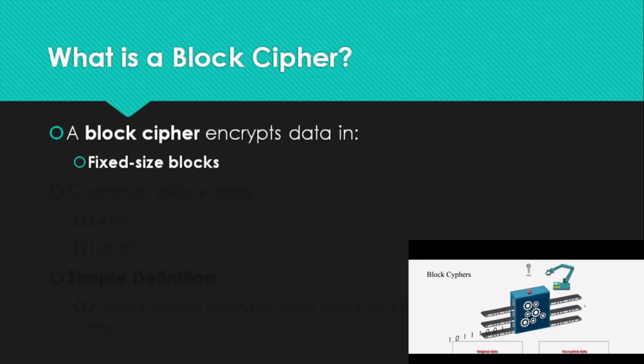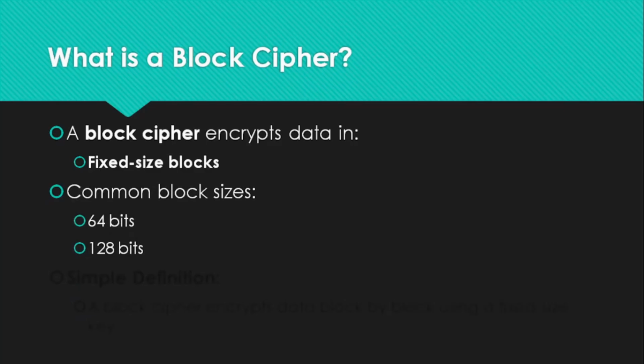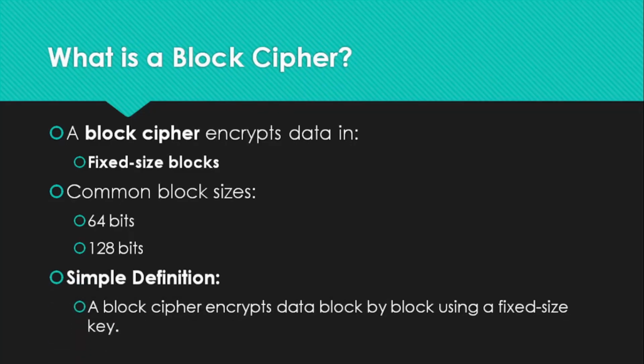Now let's move on to the block cipher. A block cipher encrypts data in fixed size blocks such as 64 bits or 128 bits, and each block is encrypted using the same secret key. Unlike stream ciphers, block ciphers focus more on security rather than speed.